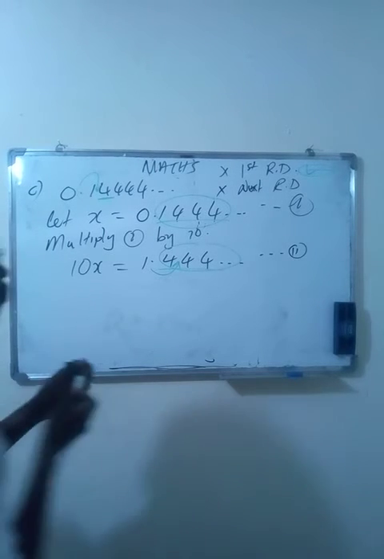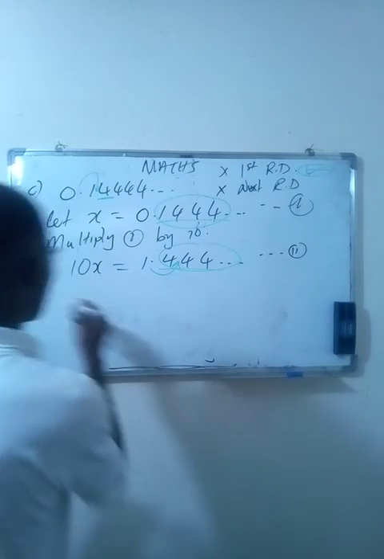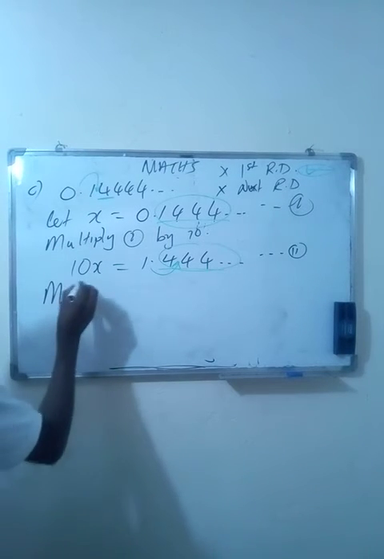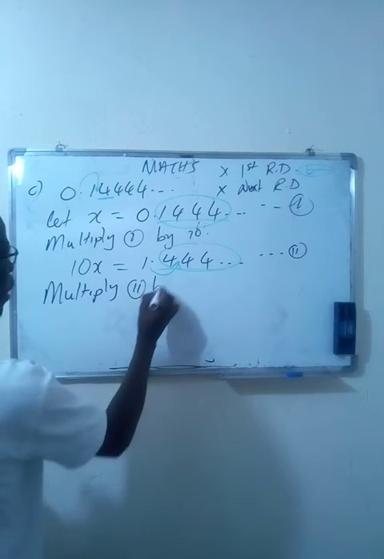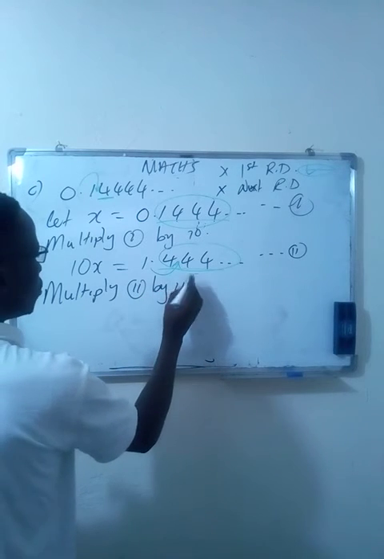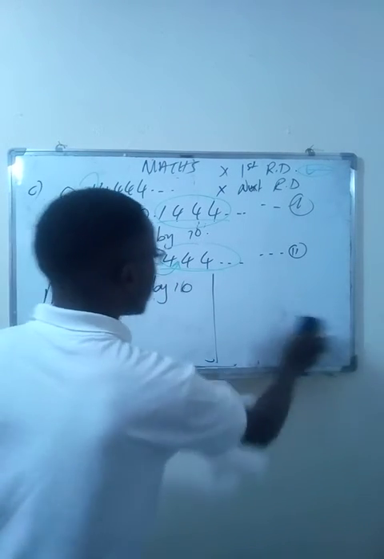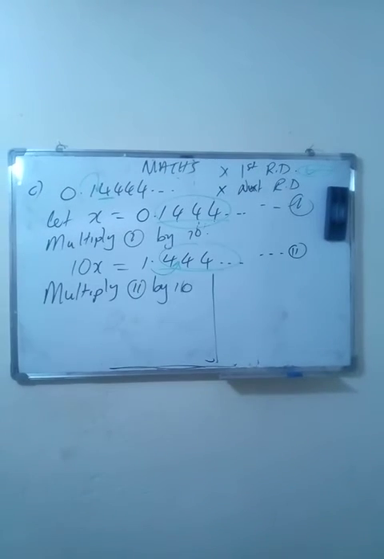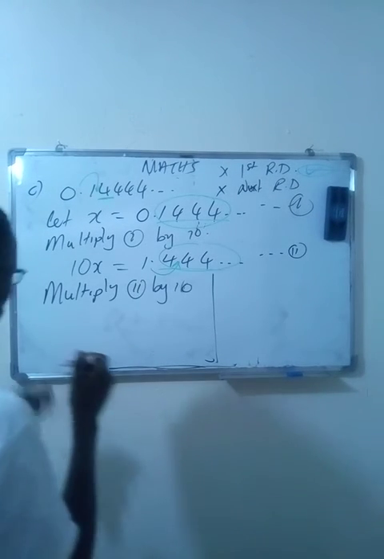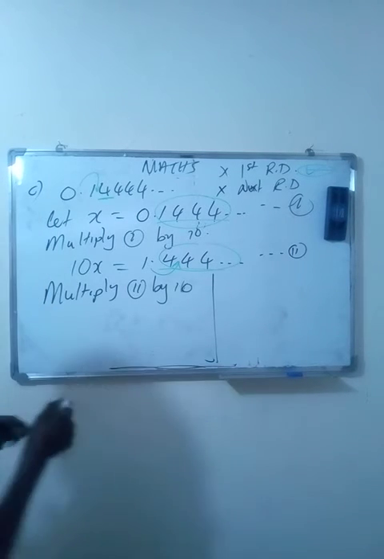Or alternatively, I'm going to explain an alternative to that. Multiply equation 2 by 10. Now, I want you to see that an alternative to that is multiplying equation 1 by 100, isn't it? But let's first work out this part.